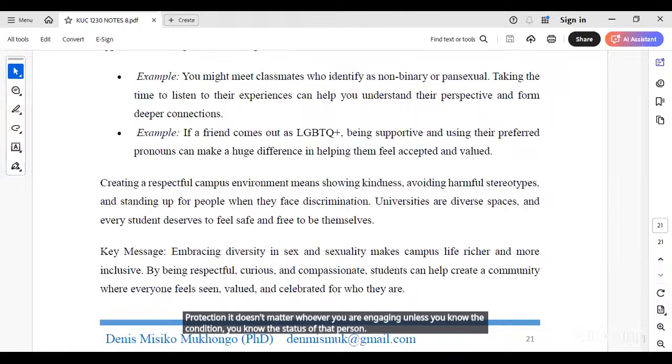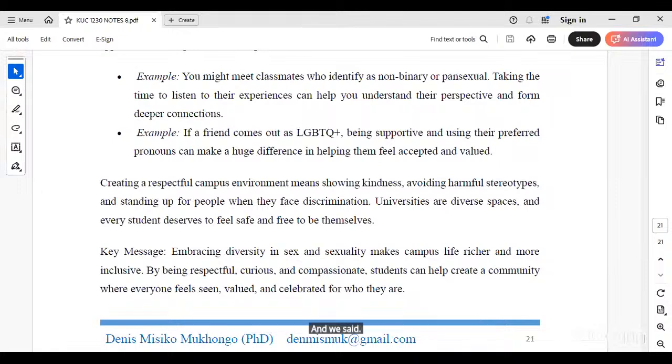And we said, don't wear a condom and then insert a finger, because the finger will also be exposed. Don't wear a condom and then go down oral, you go to suck while wearing a condom. So it beats the logic. You wear a condom and you are sucking breasts. It beats the logic, because at the end of it, you are just exposing yourself.